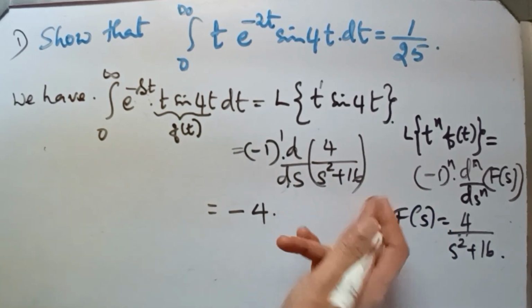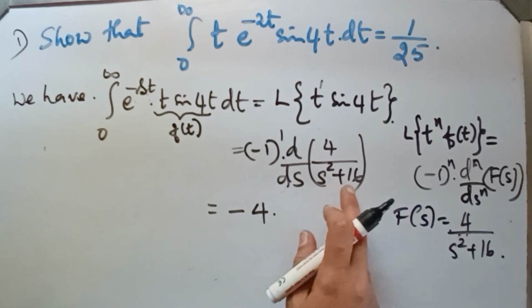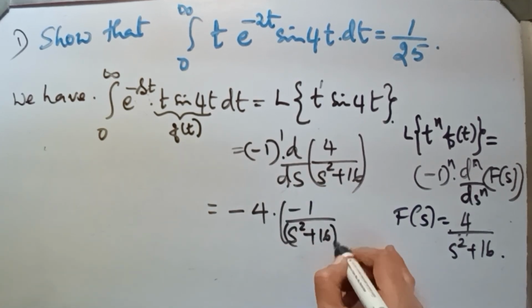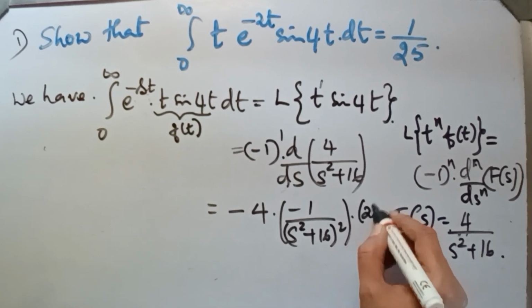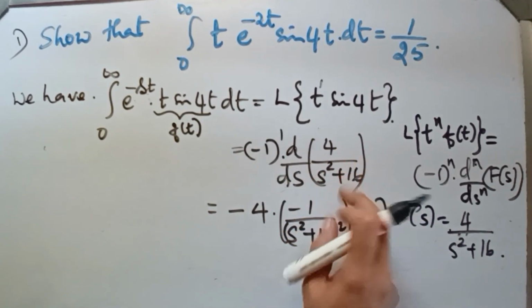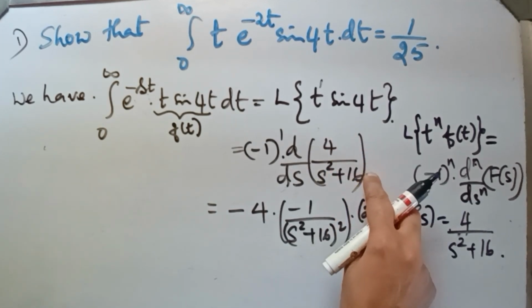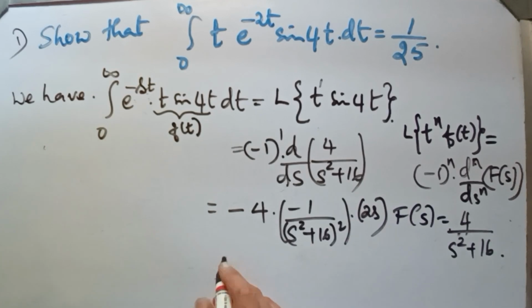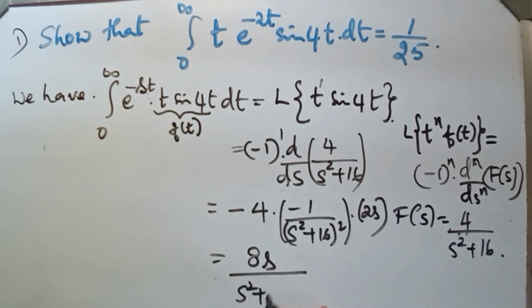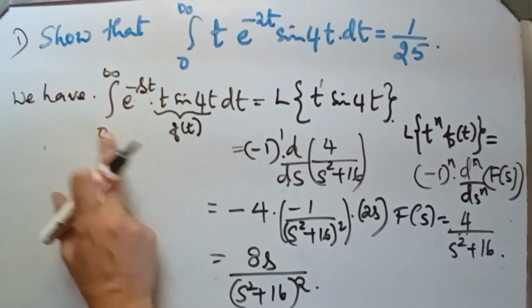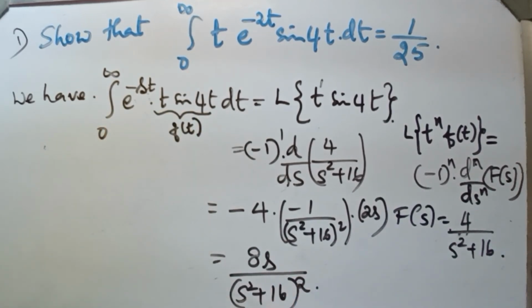Minus 4 outside, then the derivative of 1 by (s² + 16) is minus 1 by (s² + 16)² into 2s, because the derivative of 1 by x is minus 1 by x², then the chain rule gives the derivative of s² as 2s. So minus of minus gives plus 8s divided by (s² + 16)². So we got the value of this integral as 8s by (s² + 16)².